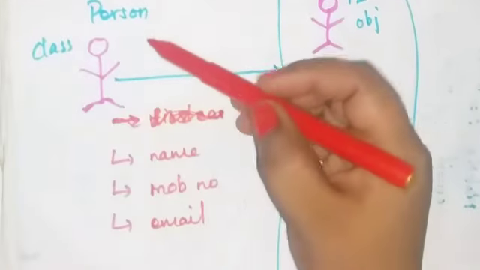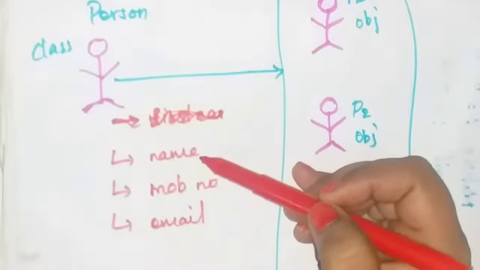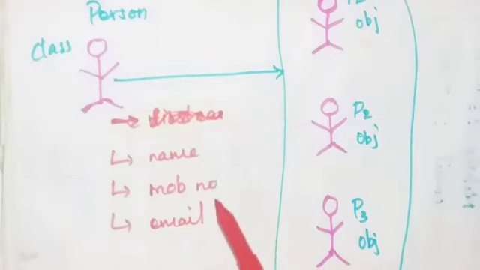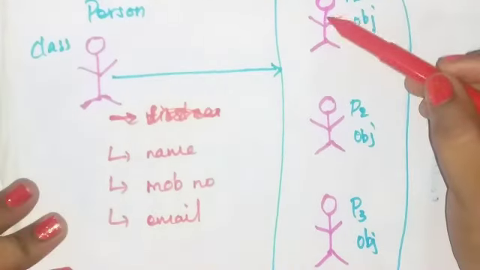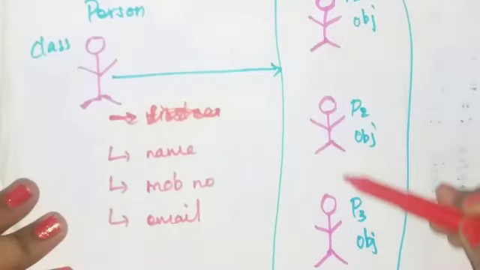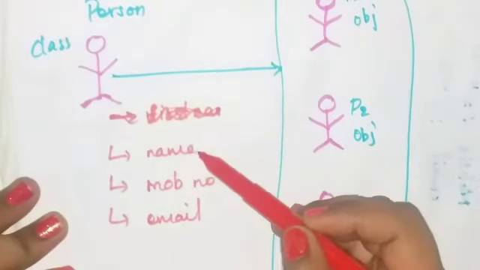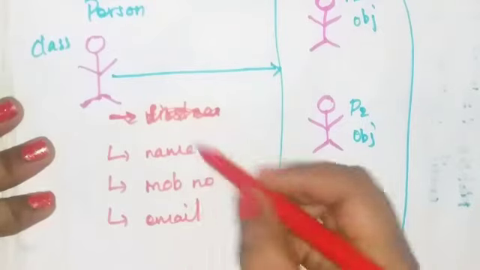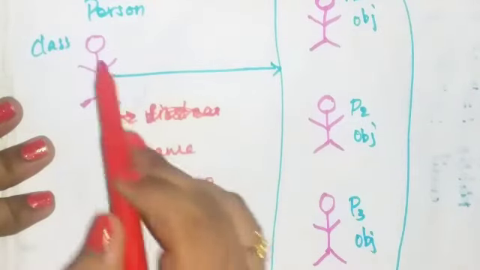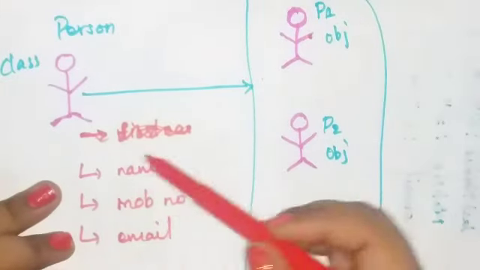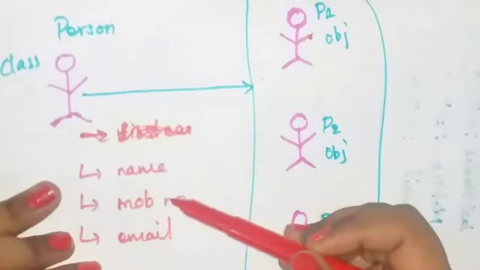The class has data members such as name, mobile number, email ID. Each and every object belongs to this class. So name, mobile number, email are the common specifications of a person. All of these objects have these common properties.